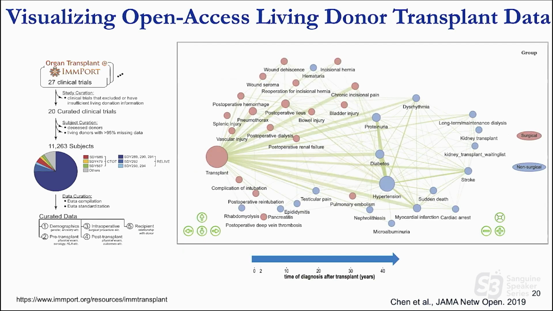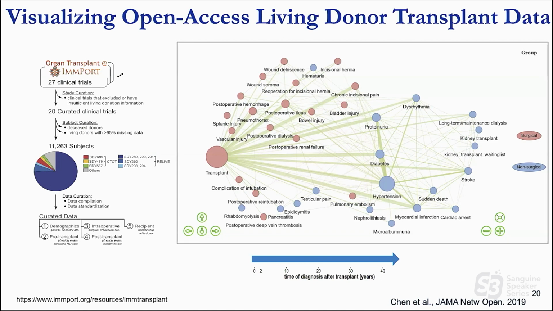So this is the trajectory analysis that I'm showing you here. These are all the living donors, and they were followed, and we looked at the data. This is kidney transplant data that I'm showing you here.